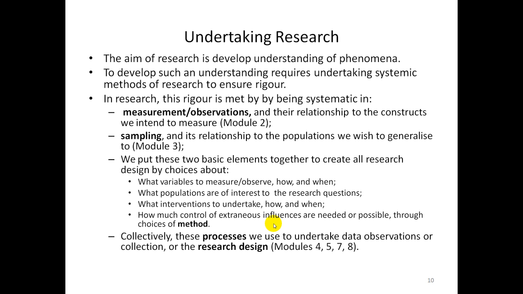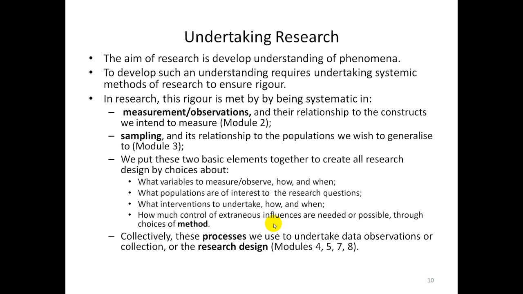That's about the sampling issues. We make choices about what interventions to undertake to identify causality, to isolate causes, how we undertake those interventions and when we do, and choices about how much control of extraneous influences are needed or even possible.